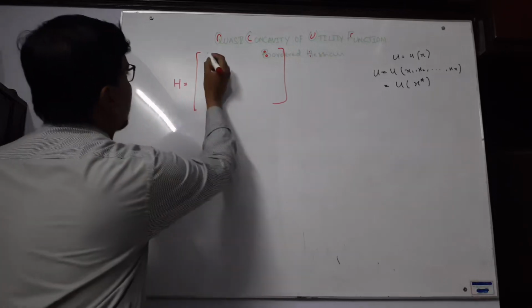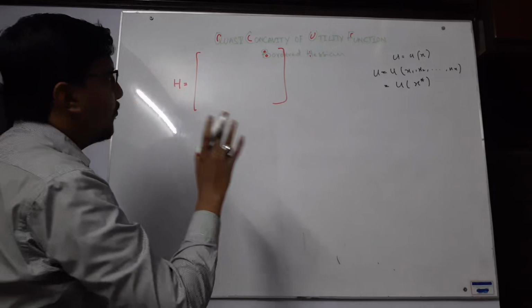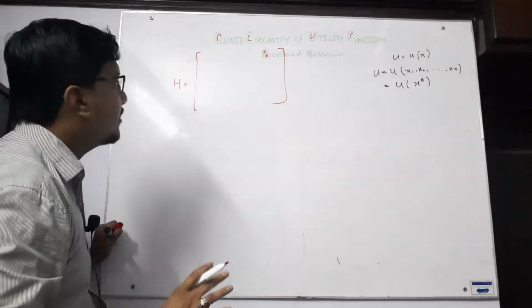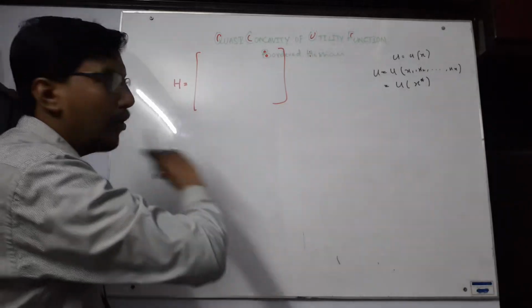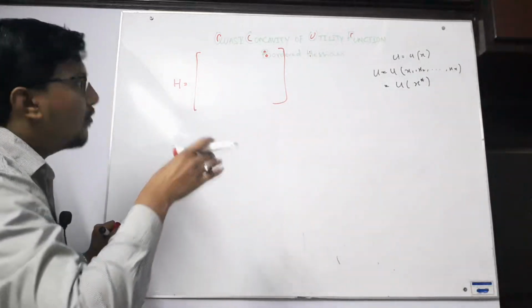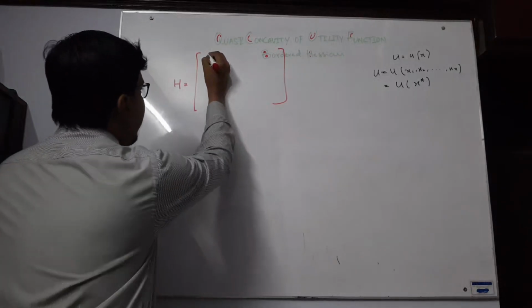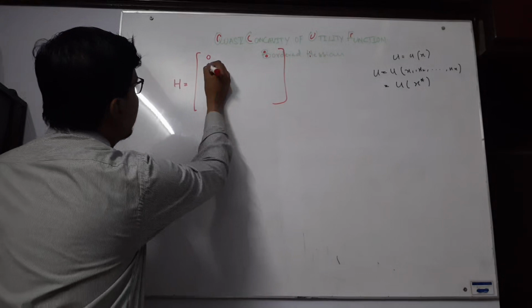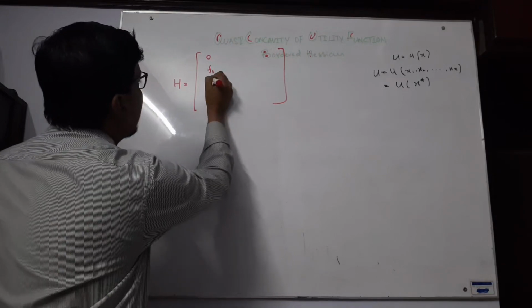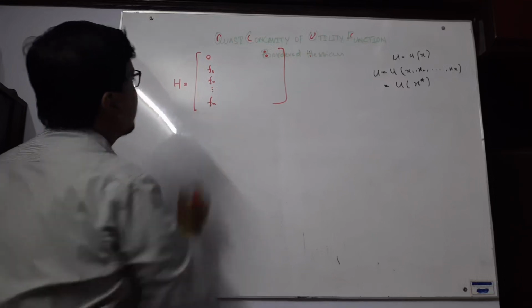Number one, we have a function that we represent by f, and first of all we make a border of the first derivative of the function. Let's suppose the matrix will start from 0, and this is f1, this is f2, and up to fn.